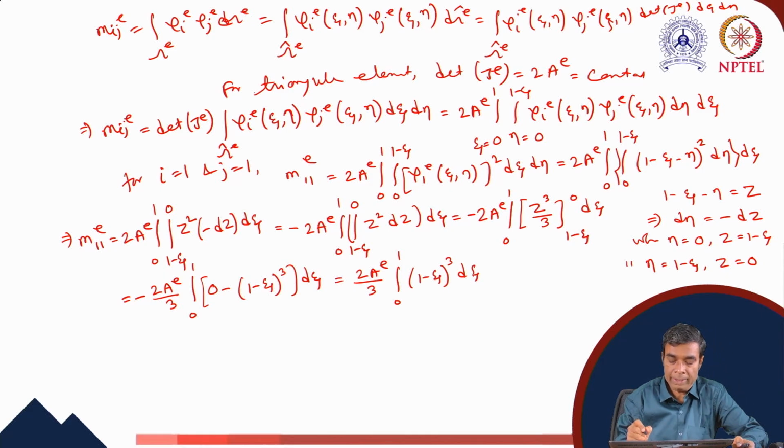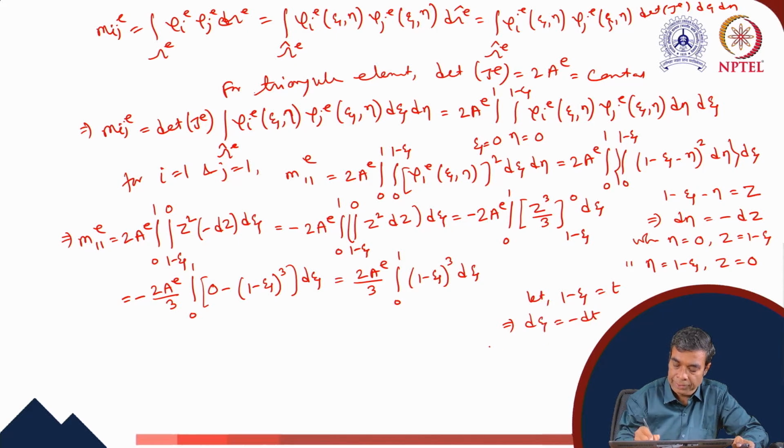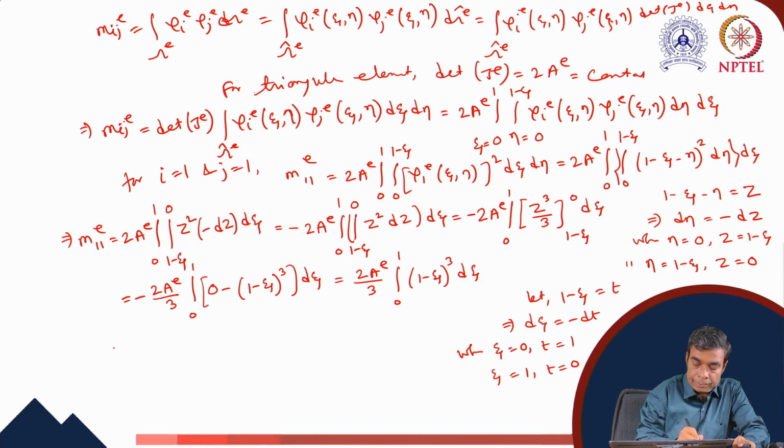We can simplify this further by taking 1 minus xi as another variable. Let 1 minus xi equals t. This gives us d xi equals minus dt. When xi equals 0, t equals 1, and when xi equals 1, t equals 0.